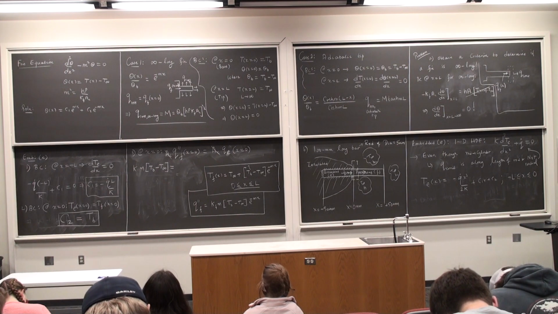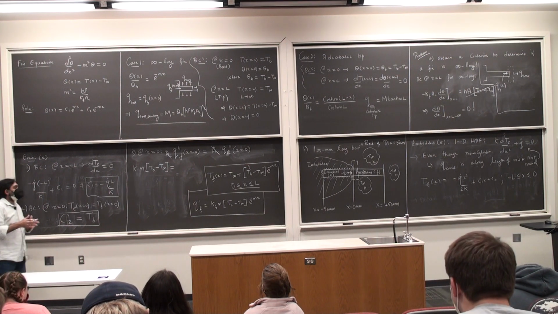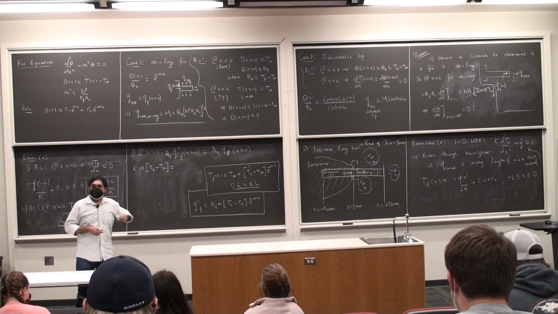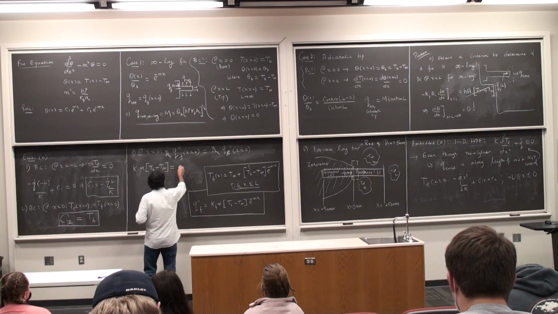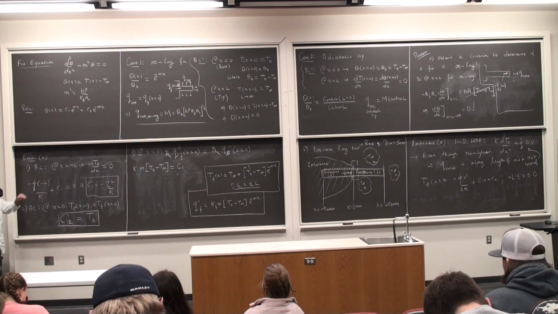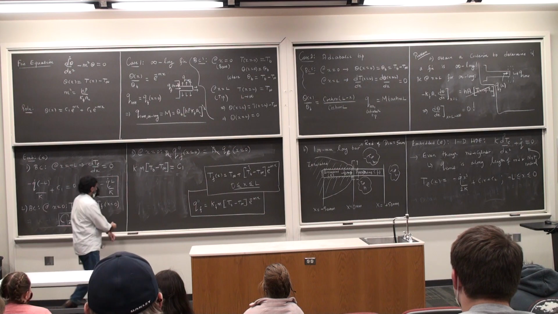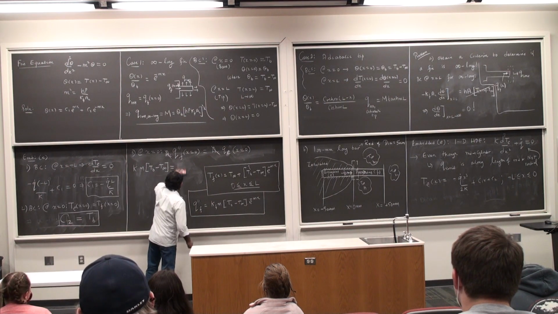Q double prime of the embedded portion at x equal to 0 is just going to be C1, where C1 is minus Q dot L by K. But I've got to be careful.